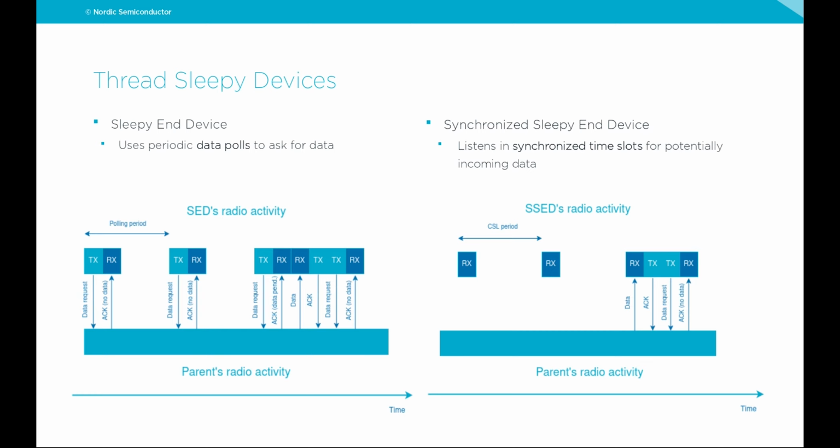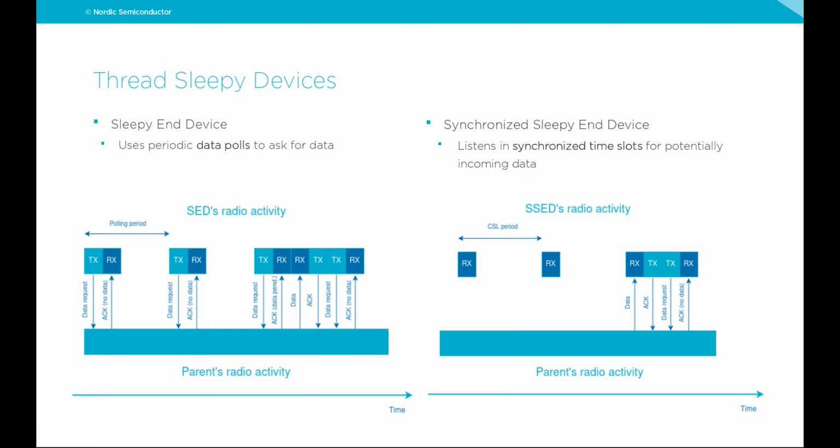The main difference between them is that sleepy end device uses periodic data polls to get the data from its parent. So it just sleeps and from time to time wakes up and asks, hey, is there any data for me? And the parent sends this data or not, depending on whether it has something in the buffer.